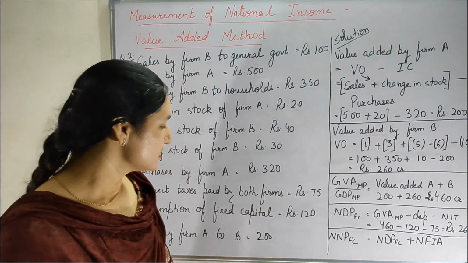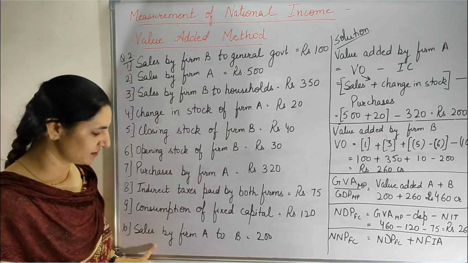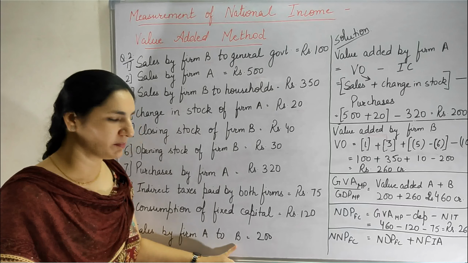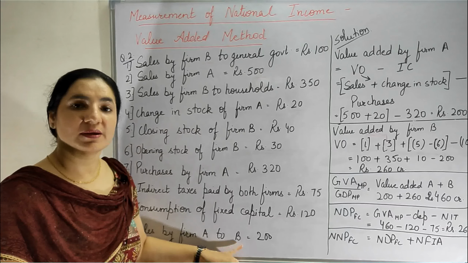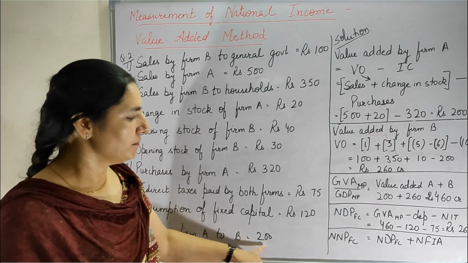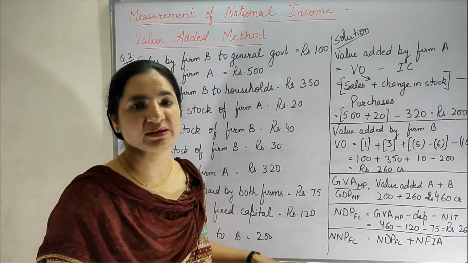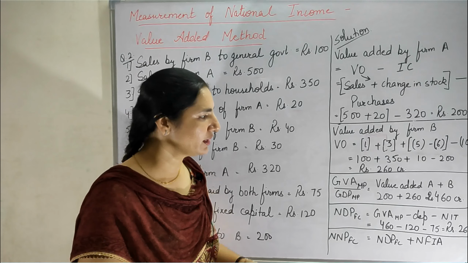Regarding purchases, for firm B, the information is given to us in point number 10, sales by firm A to firm B. It means that this must be the purchases by firm B, which is 200. Purchases by firm B means it becomes the raw material. Every time a firm purchases nothing but the raw material to be utilized.